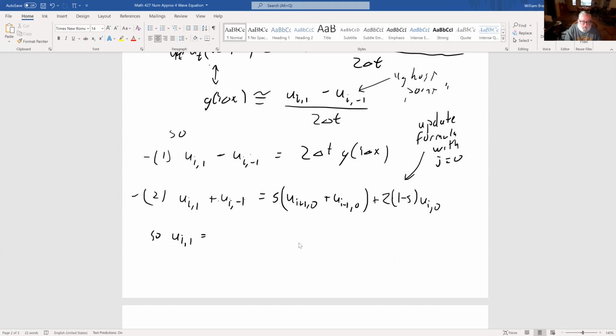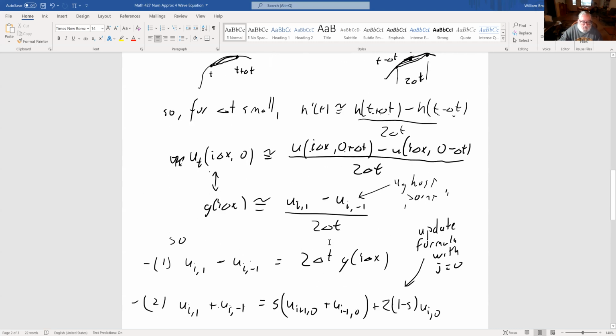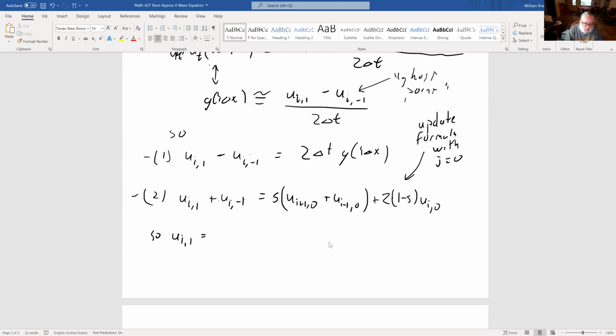So it'll be 2 delta t g(I delta x) plus s times u_{i+1,0} plus u_{i-1,0}, plus 2 times (1 minus s) u_{i,0}. I feel like I'm forgetting something. Okay, I wasn't actually missing anything.